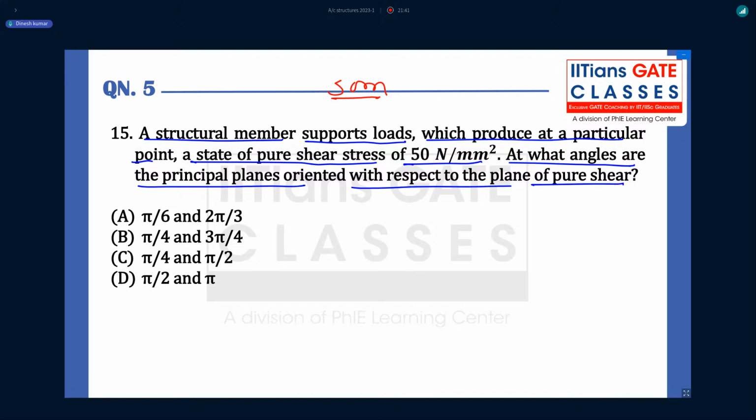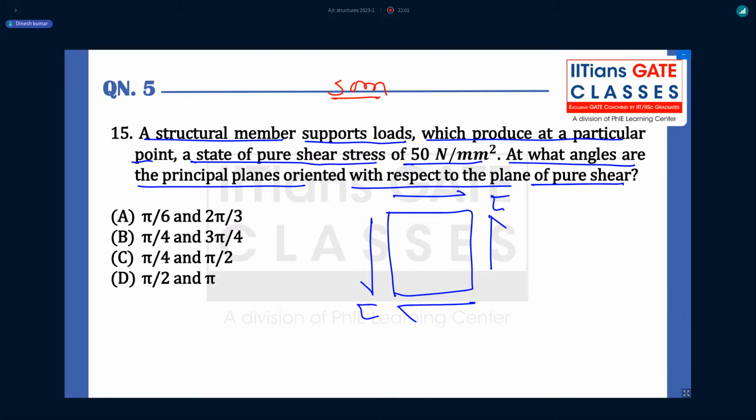So it's a theoretical question. If you know the basics, you can always say what the pure shear case is. If you draw a stress element, these are my stresses, and tau is my shear stress. So this is the case of pure shear.